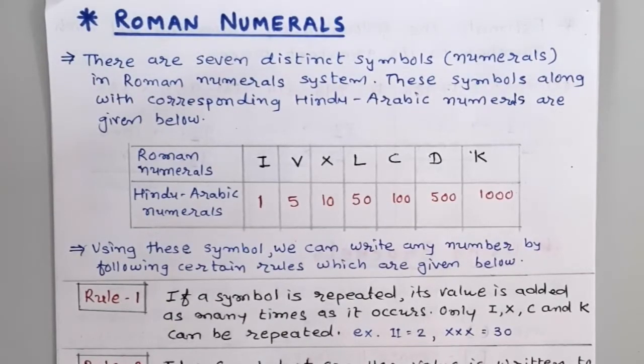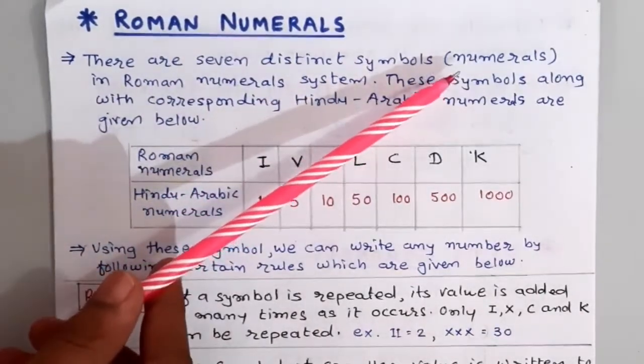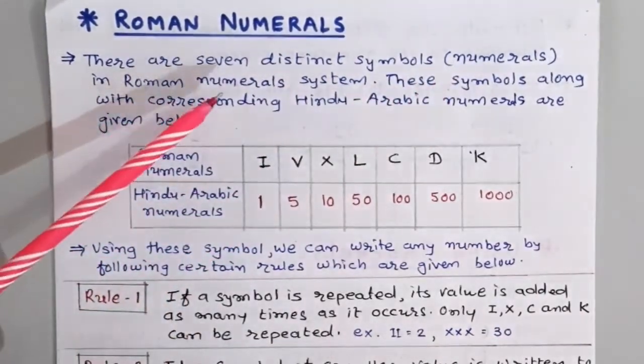This system is still used in many places. For example, we see its use in numbering the different volumes or parts of books, numbers of chapters, numbers of issues of magazines, numbers on clock faces, denoting ranks in classes, etc. In this section, we shall learn about the reading and writing of Roman numerals. There are 7 distinct symbols, which are called numerals in the Roman numeral system.